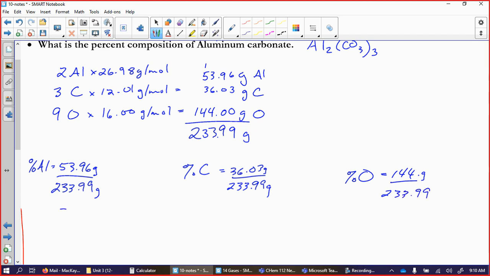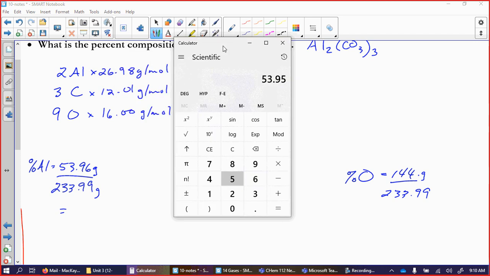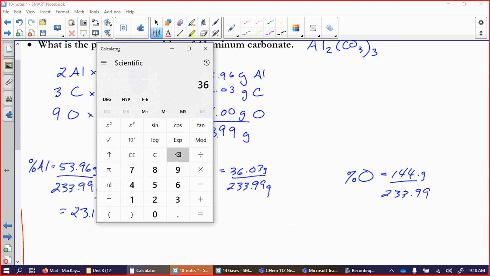I'm just writing them all out so I only have to. 23% aluminum. And 2038.5.